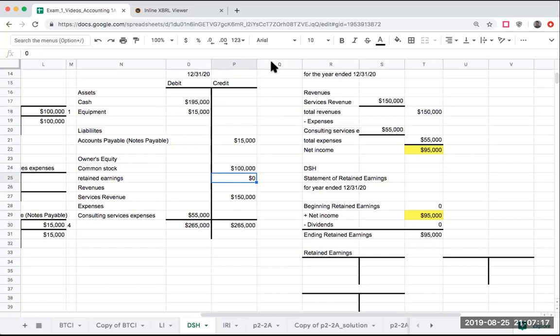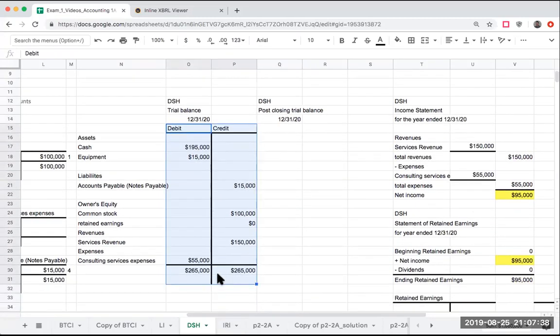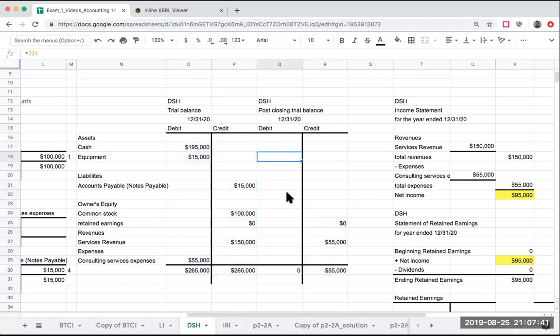Because at the end of the day, when I'm doing what we call a post-closing trial balance, and this is at 12/31/20, and I can just copy this format here, the services revenue has to be 0, and my consulting services expense has to be 0, with the balance going into retained earnings.